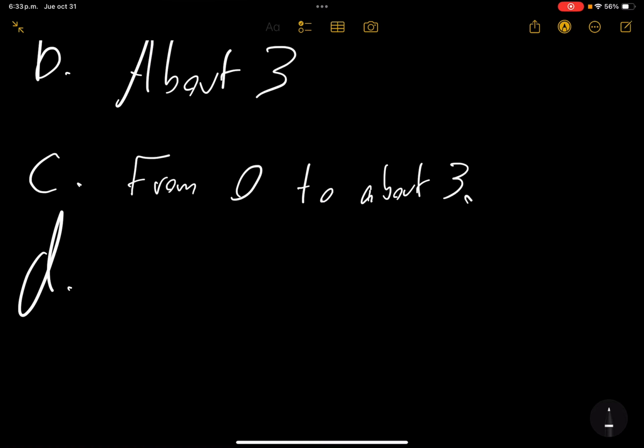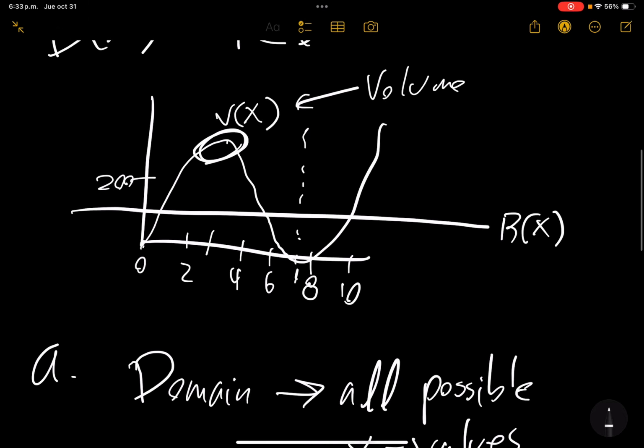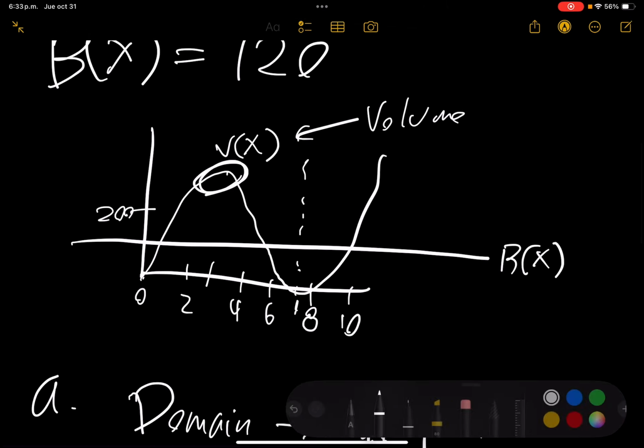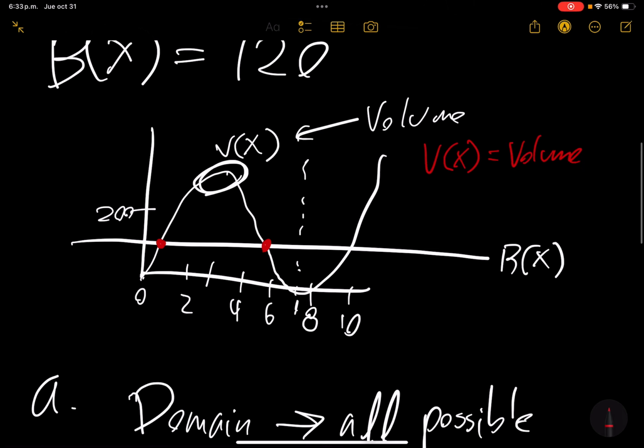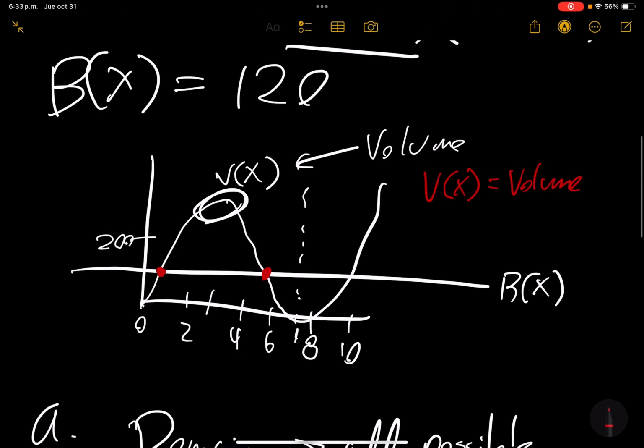D, what do the points of intersection between these two graphs represent? So these points of intersection here, I can use different colors, are here and here. So V of x, we remember, is the volume. B of x, they didn't say anything about except that it's equal to 120.